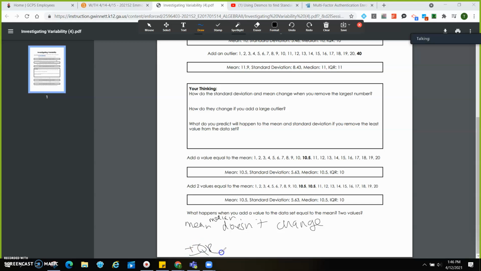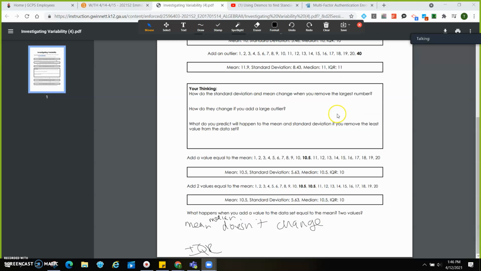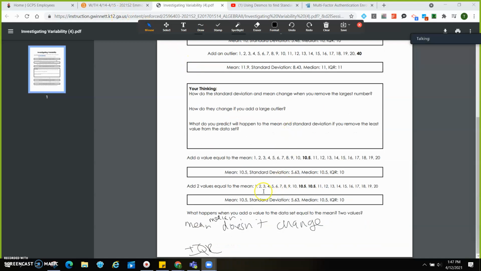And your IQR, we're at 10. So these numbers slowly just level out. The only thing that changes is the standard deviation. So coming down here, these numbers remain the same. The standard deviation just drops a little bit.